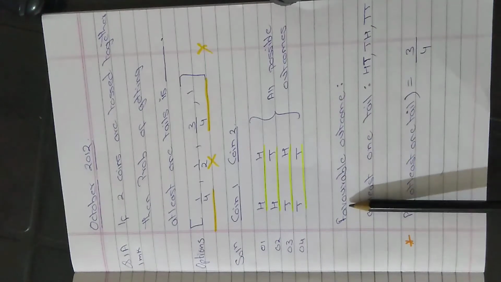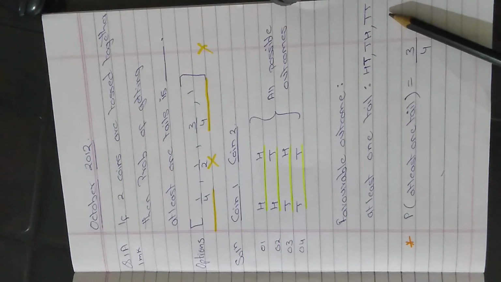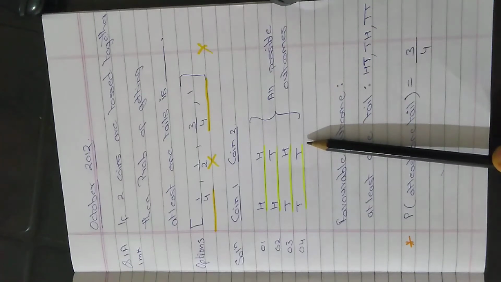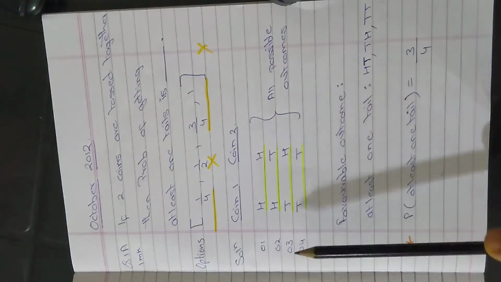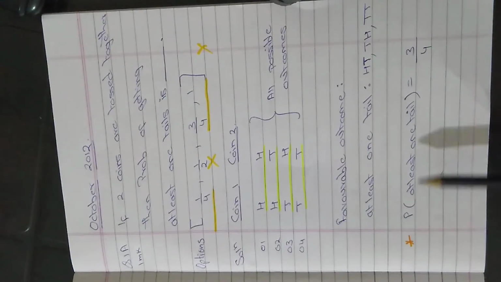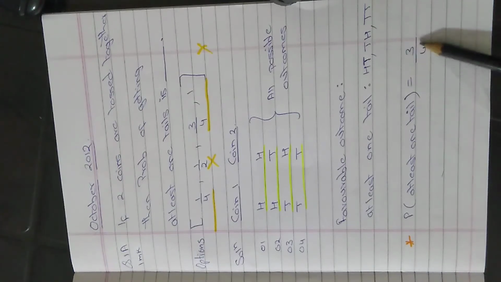So now our all favorable outcomes are how many? 1, 2, 3, okay. And how many total combinations? So altogether we have 4 combinations, okay. So what we have to find? Probability of at least one tail, okay. So that is favorable outcomes upon total outcomes.